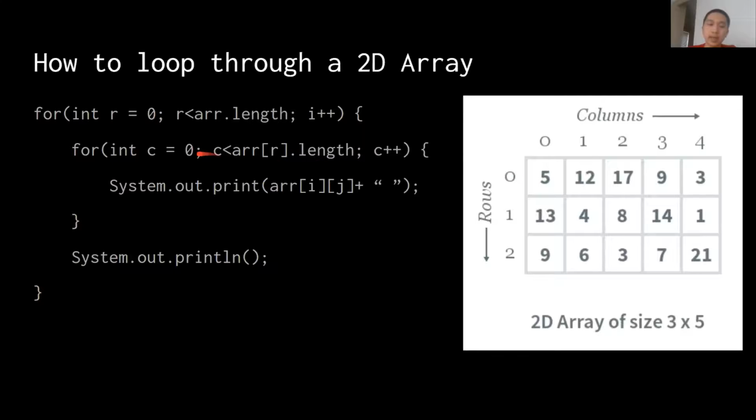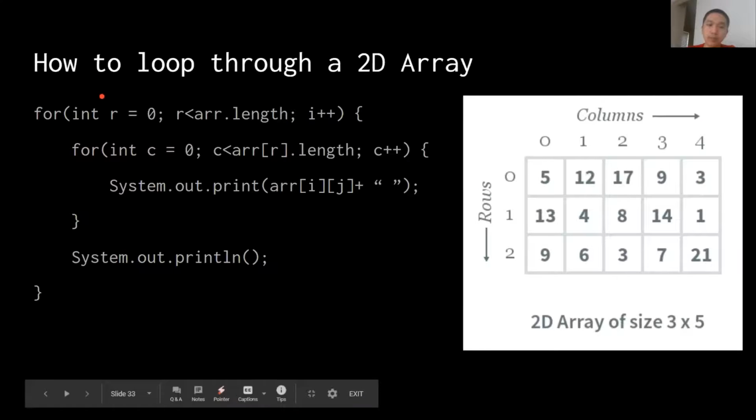And here I print out the element. And then it goes back in here. So I have row 0, column 0. It goes to row 0, column 1, row 0, column 2, row 0, column 3, row 0, column 4. And then it leaves this for loop and goes back into the big for loop.